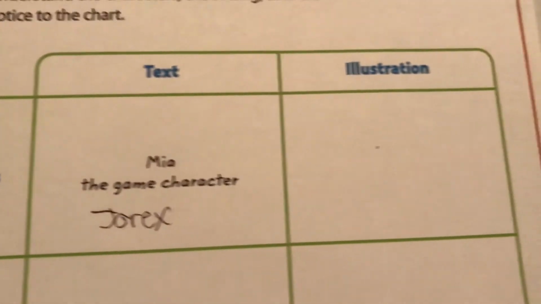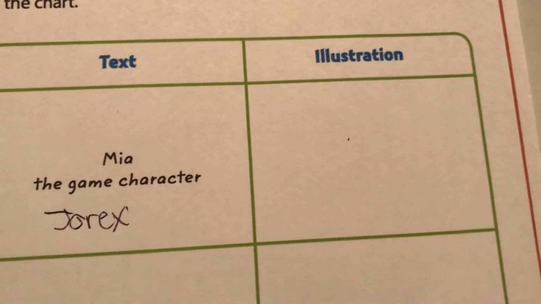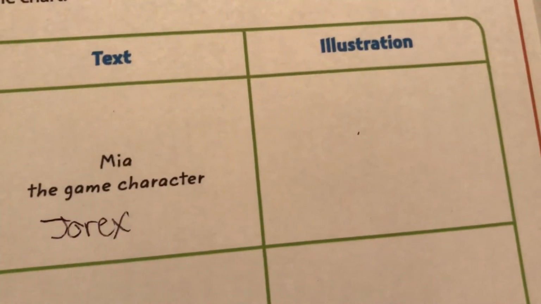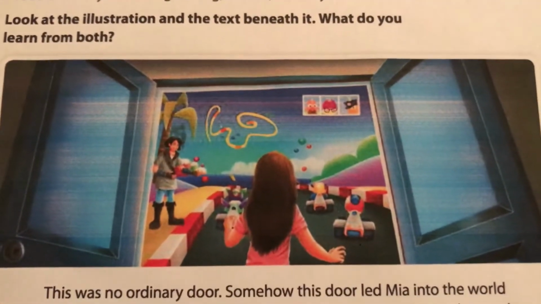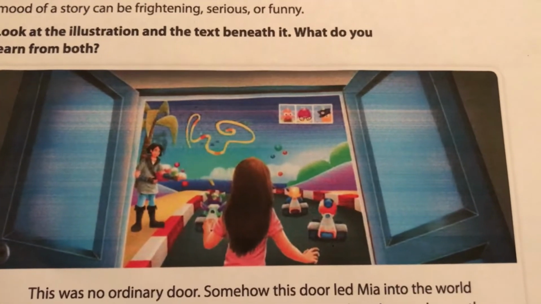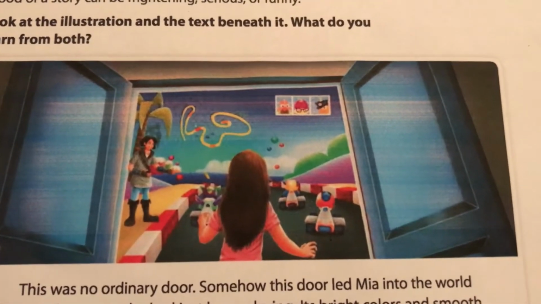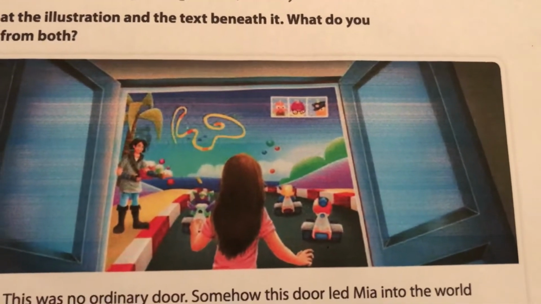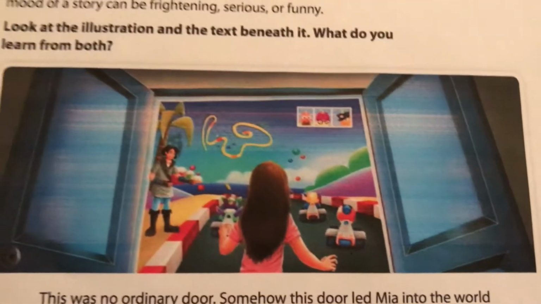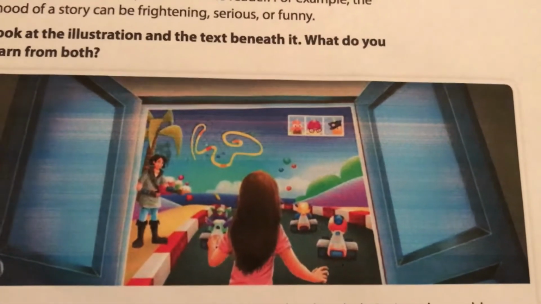Now using the illustration, what can we gain from the illustration about our characters? Let's take a look at the illustration again. As I'm looking at just the illustration, I would say you can start with Mia is a girl. We can tell by the picture. We can also tell she has long hair, if you want to go really basic.